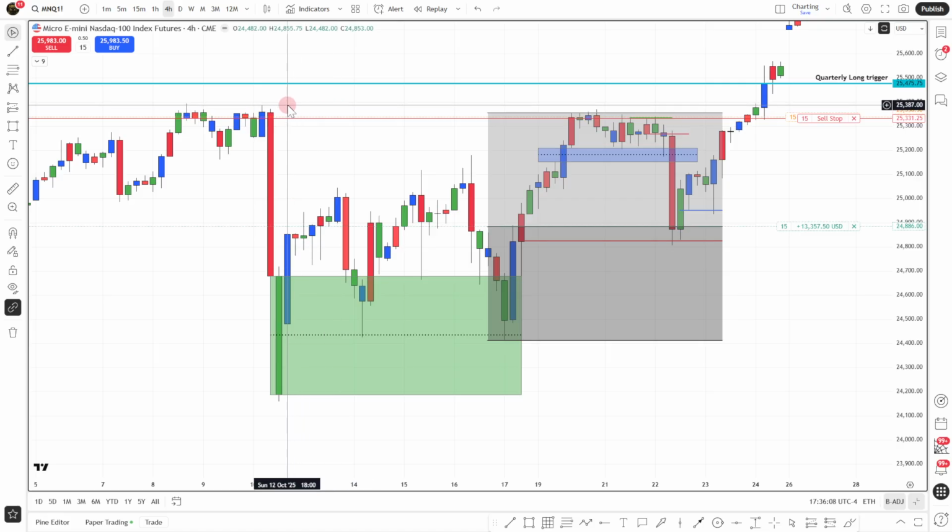Like this is going to be a protected high until price does its thing. Okay. And that could be days later, especially if we're looking at the 4 hour chart.